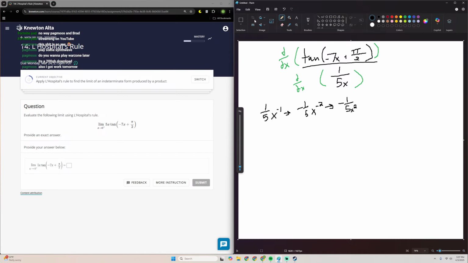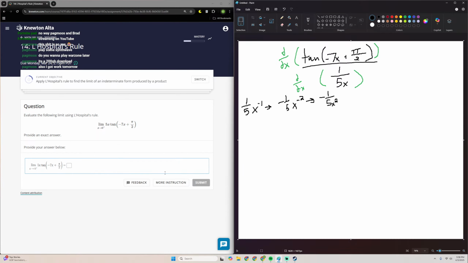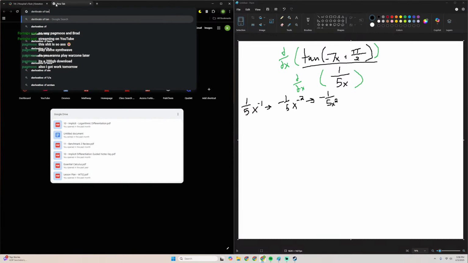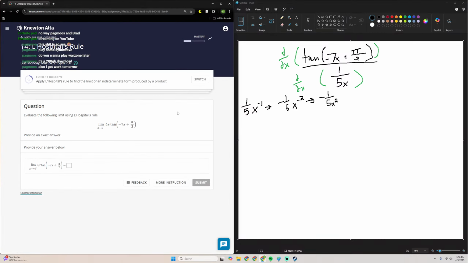That's the derivative of that. Put that right here. Now the harder one. The derivative of tangent is secant squared x. Yeah, secant squared x. Thank you.